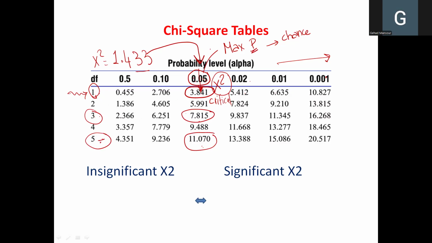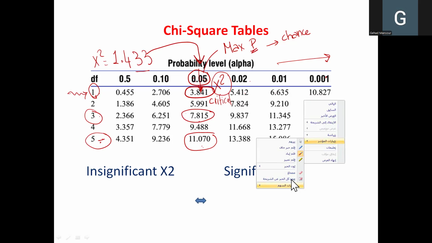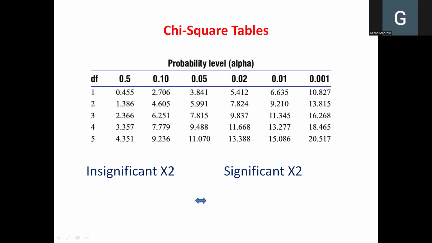So 0.05 or 5% is a critical probability because it corresponds to a critical value at a certain degree of freedom.